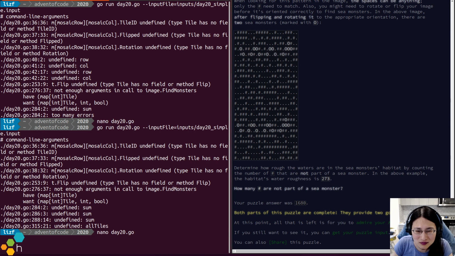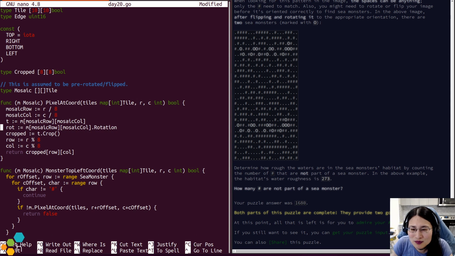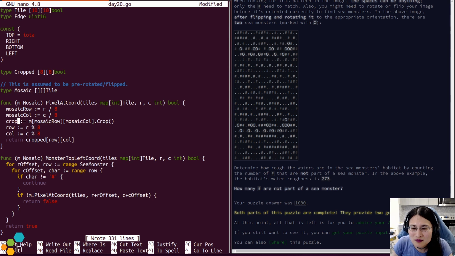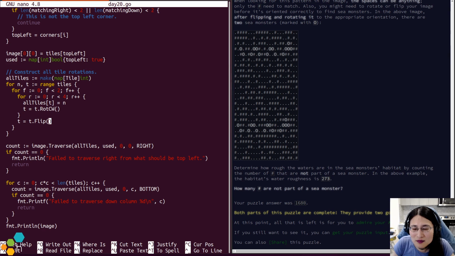Oh, there's no longer tile ID. This is instead just literally this value. So we'll do it that way. All right, getting there. Line 250.